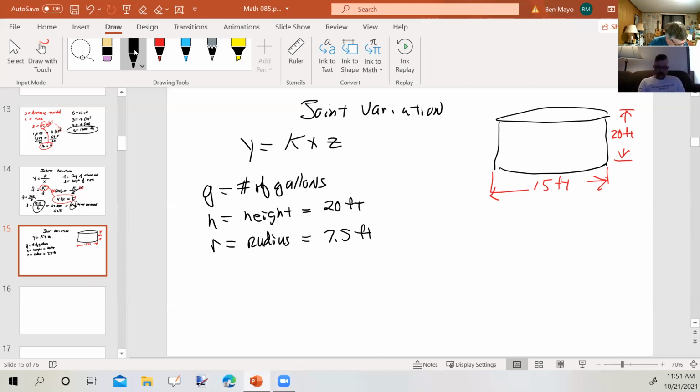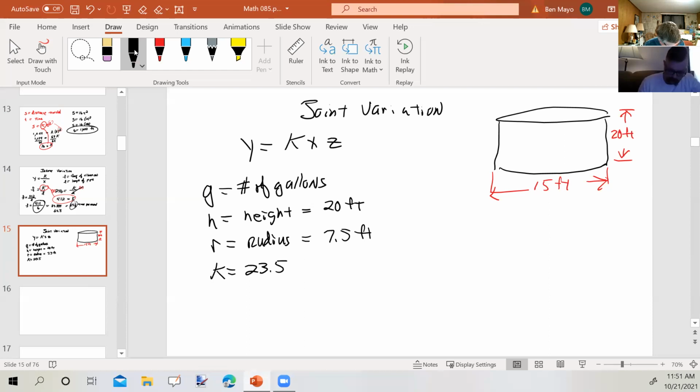It says the constant of proportionality, so the variation constant, is 23.5. So in this particular case, they not only mention it, but they tell us the value of K. Find the number of gallons that can be stored in the cylindrical tank shown. Okay, so what's our formula going to be?